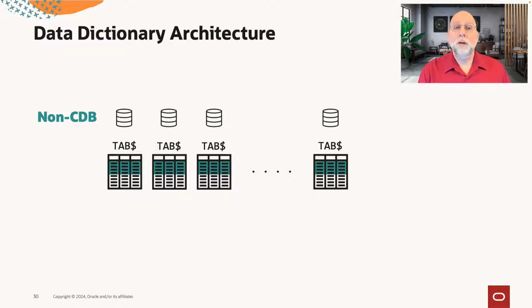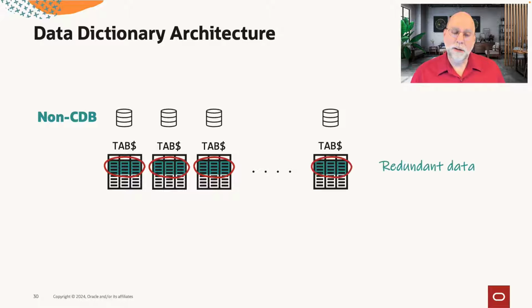And for all of those system tables, you're going to have an entry in tab$. In every one of those databases, you have an entry in tab$ for a given system table, like sys.trigger$, for example. And likewise, in obj$, you're going to have all the Oracle maintained objects there, your packages, your views, and so on, duplicated across all of your fleet of databases.